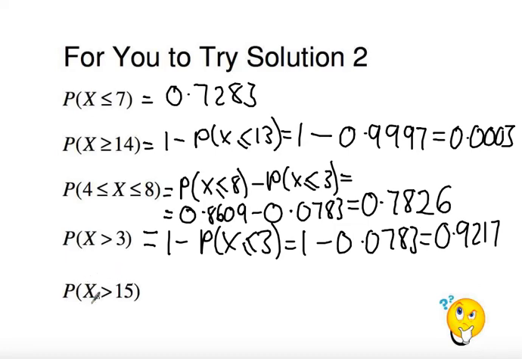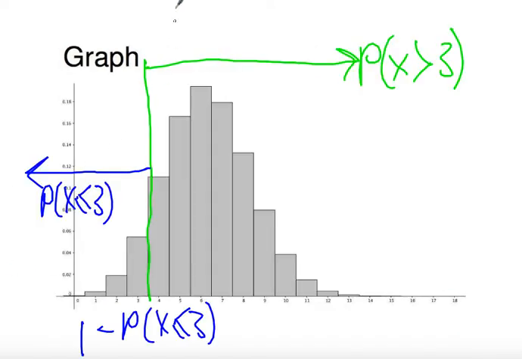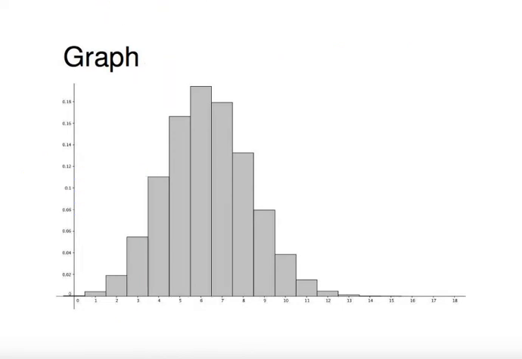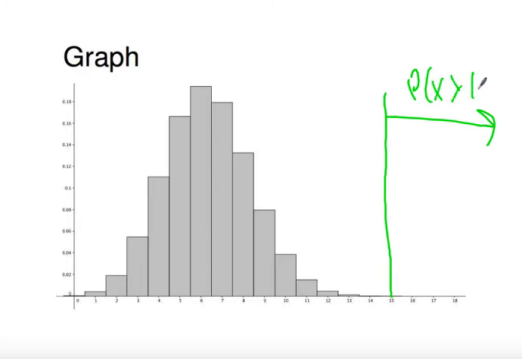Okay, finally, probability x is greater than 15. This is going to be a similar idea. One last time on the graph just to illustrate how we get this, and then from this point onwards we're not going to use this. So here's probability x greater than 15.